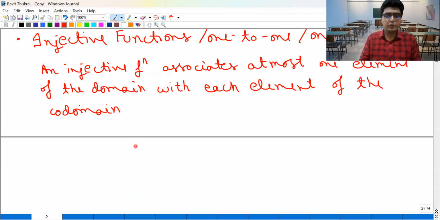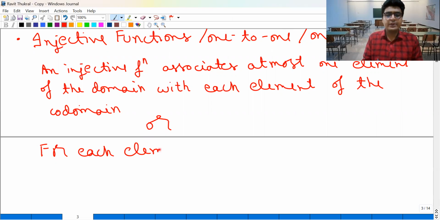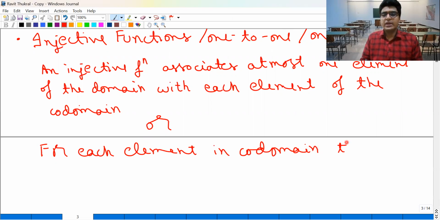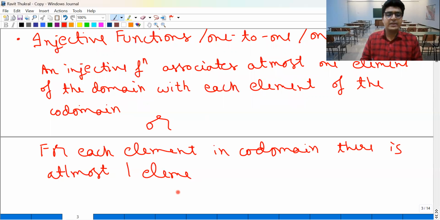Okay, so to simplify it, we can say that for each element in the codomain, there is at most one element in the domain.